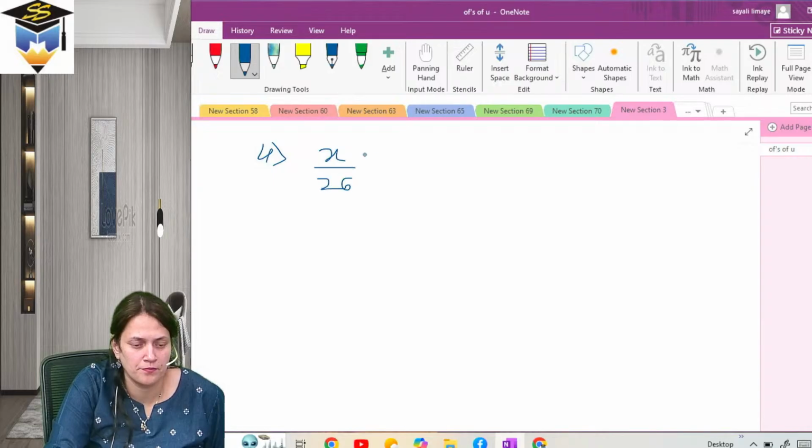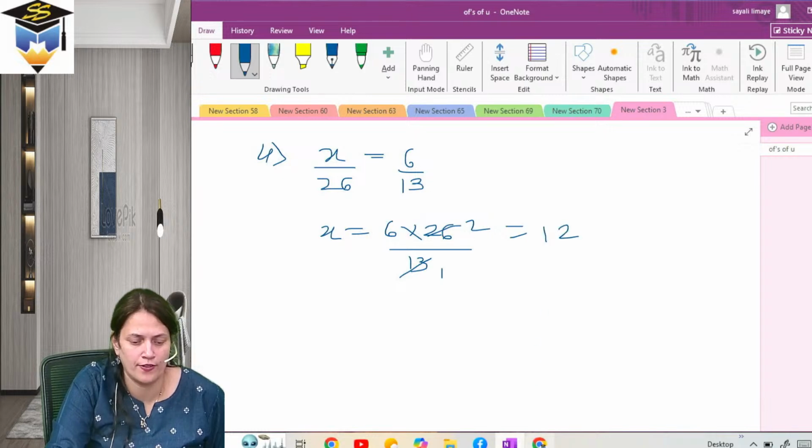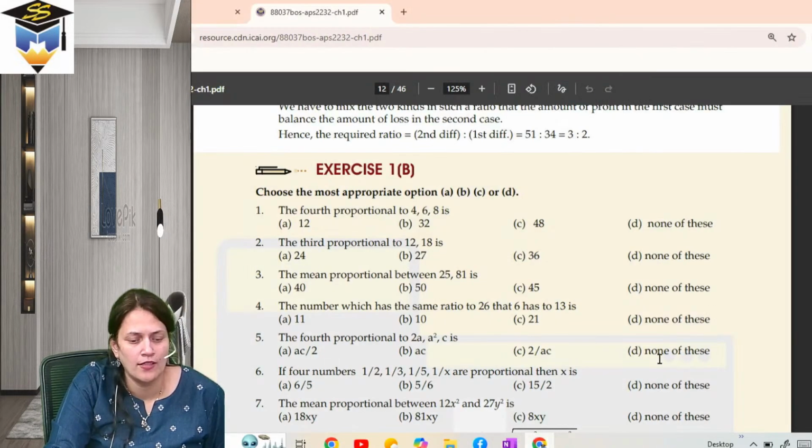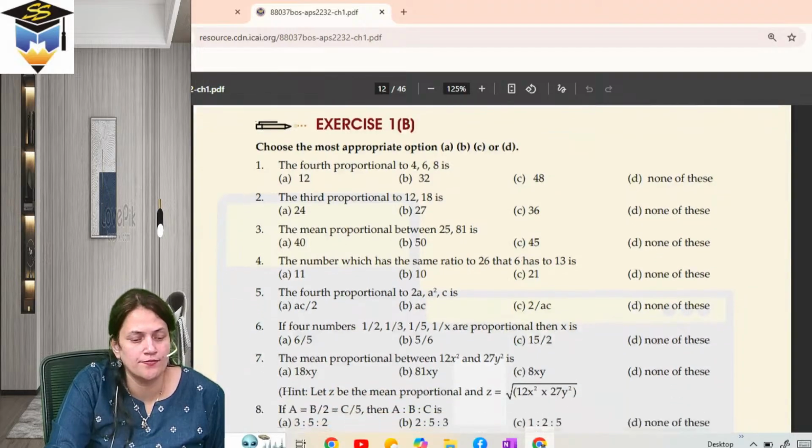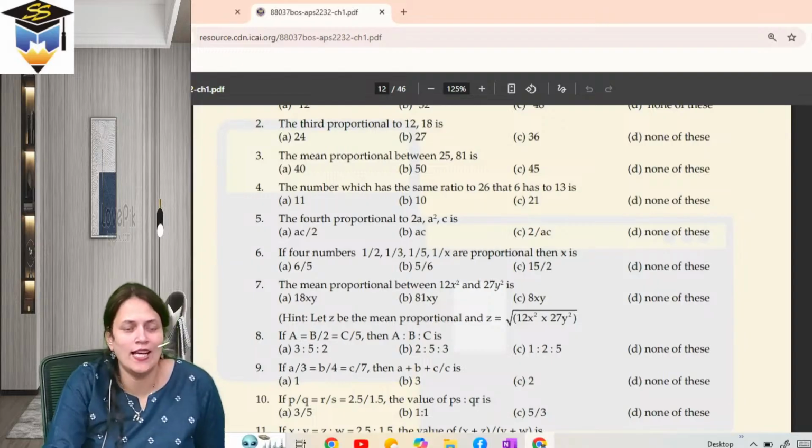So again cross multiply, value of x is going to be 6 into 26 upon 13. Answer is going to be equal to 12. Now next sum, 12 यानी option will be none of these. For the fourth one, answer is none of these.